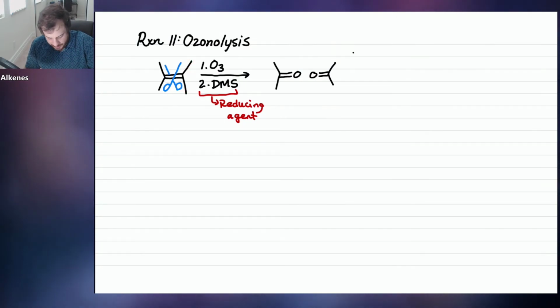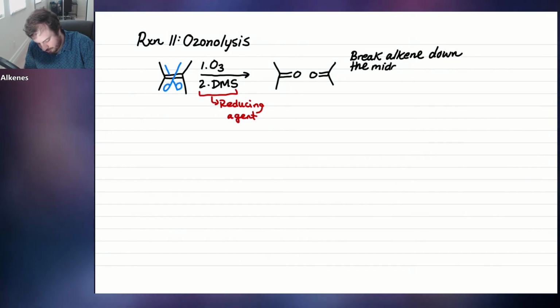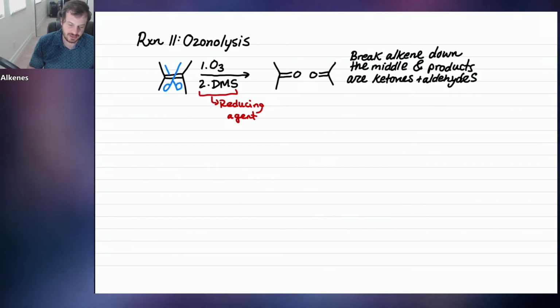So the net result is we break the alkene down the middle, and the products are ketones and aldehydes. Of course, whether it's a ketone or aldehyde depends on the alkene.